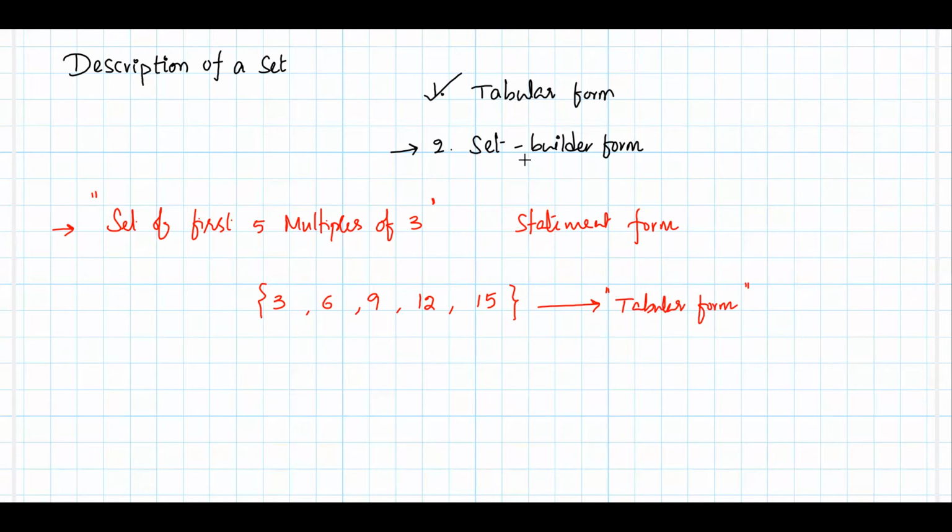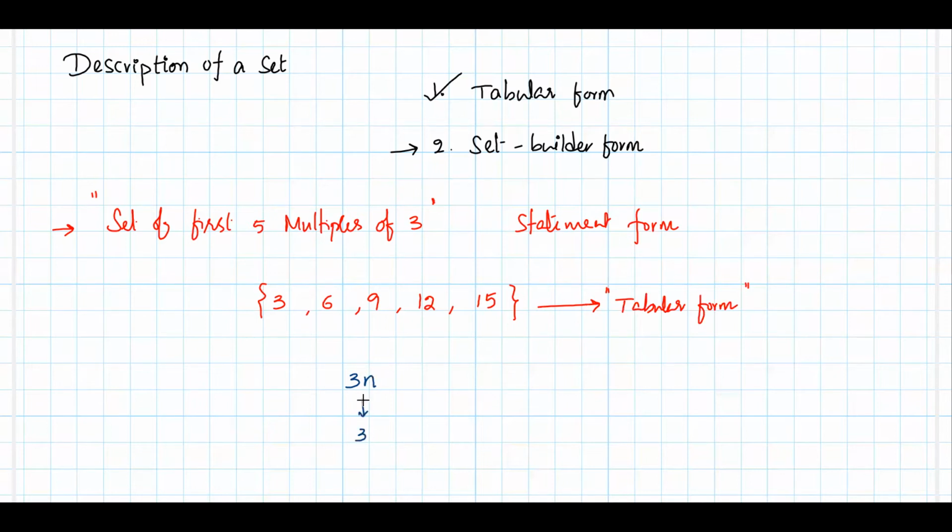Then what is set builder form? We really don't write these elements. What we do here is we come up with an expression. Multiples of 3 can be written as 3 into n. If the value of n is 1, then the output is 3.